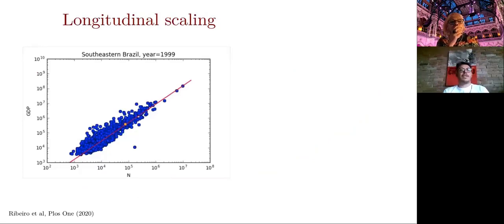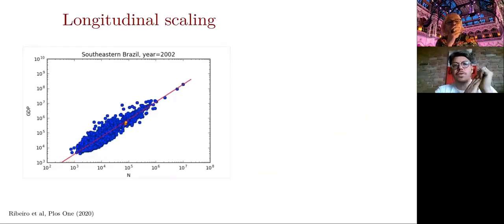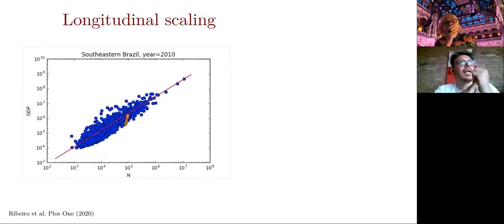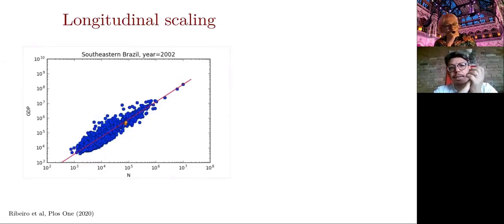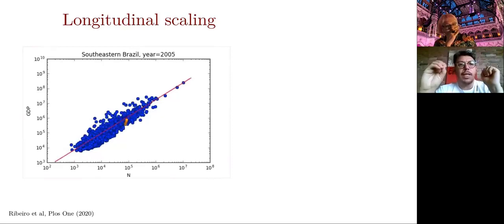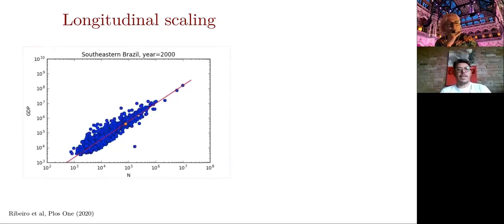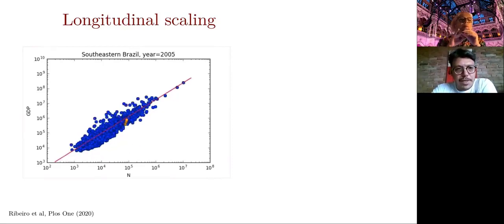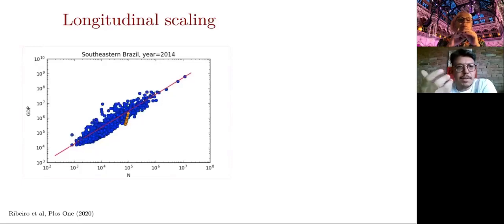Okay, up to now, I have been talking about the transversal scaling, the scaling in the system of cities. But what about the scaling at the level of an individual city? Does the individual city have the same properties as the system of cities?